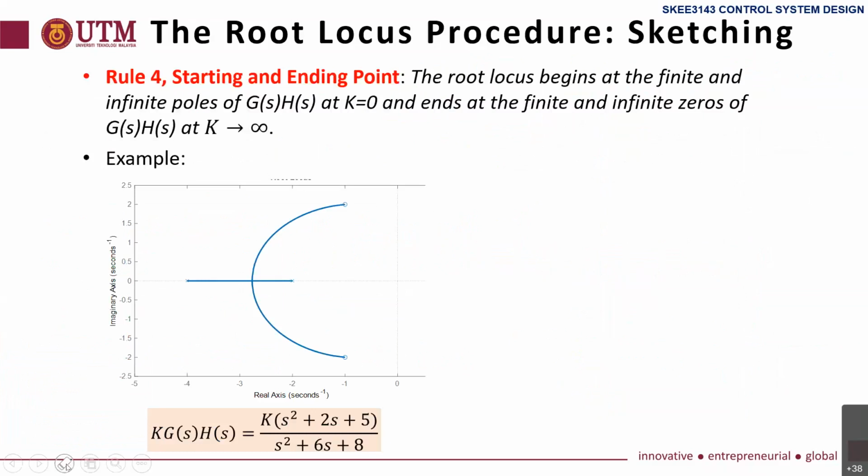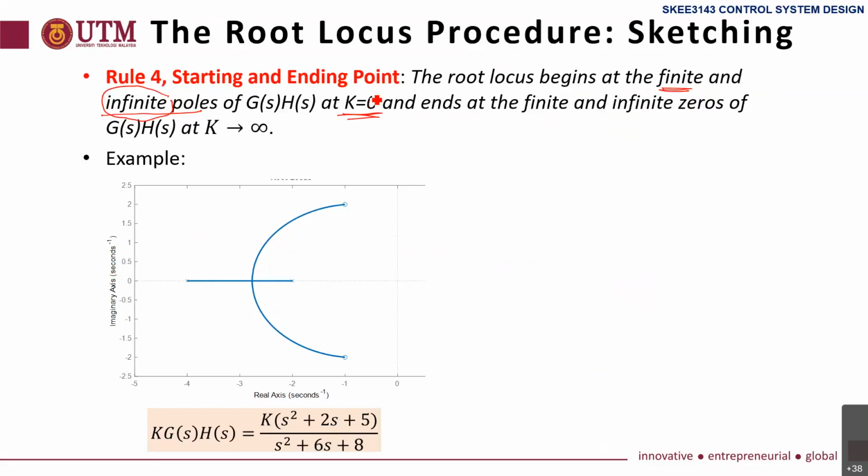Rule number 4 says that the root locus begins at finite or infinite poles. Sorry, poles. Root locus starts from poles. Later I will explain infinite. Imagine just finite poles at k equal to 0.